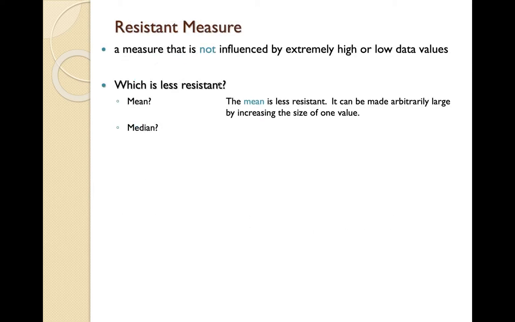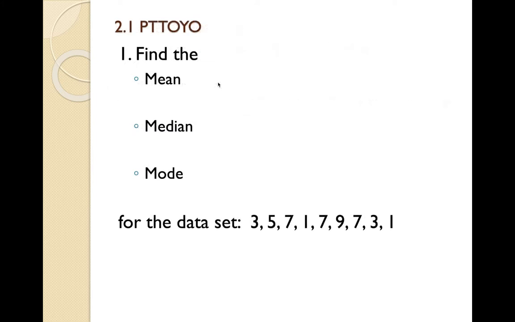The median is not going to be influenced. If you replace the largest value with an even bigger value, that's not going to change the middle value, so the median stays the same. Again, with the lowest value, it doesn't matter if we have a 50 or a 0, the median won't change. The mean will change considerably.